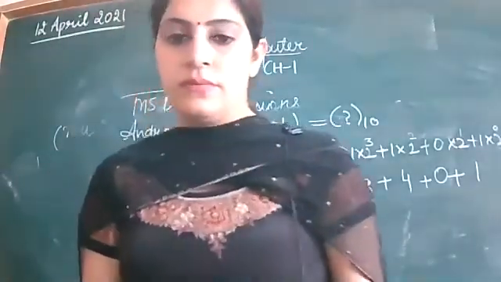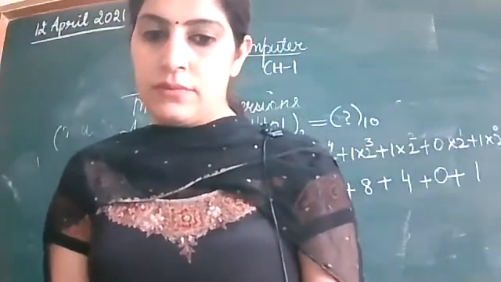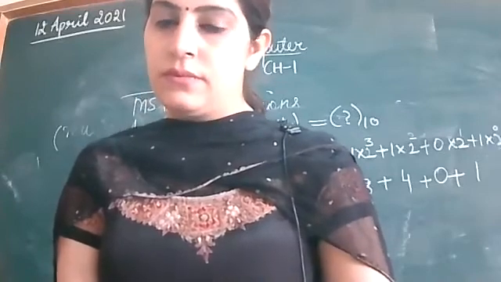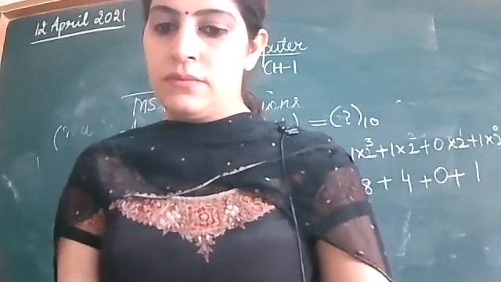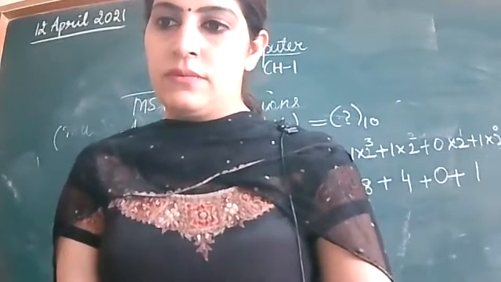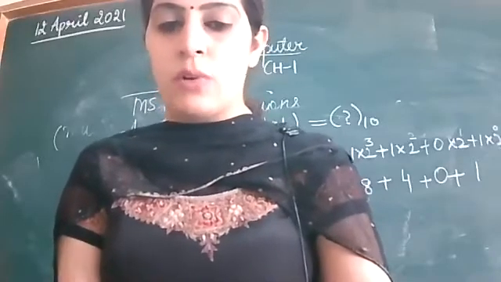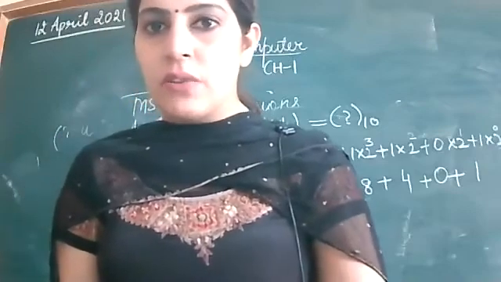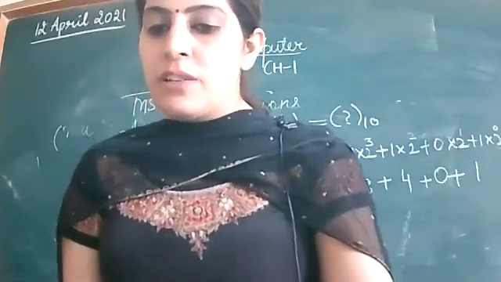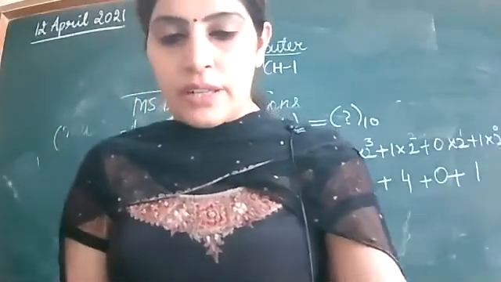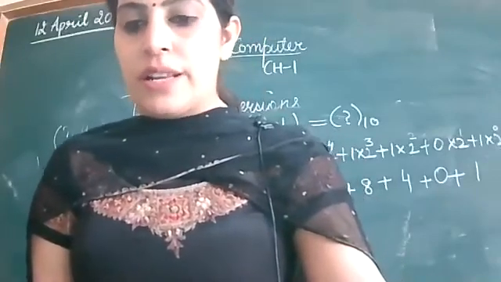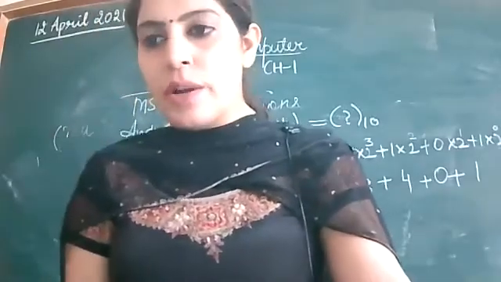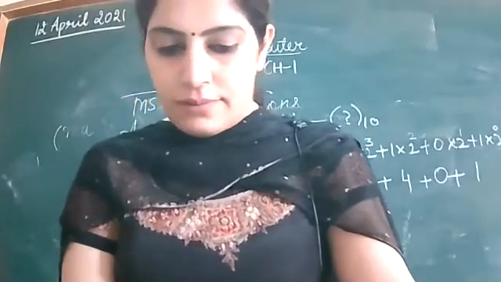The base of a number system is the numbers of the digits used in it. For example, decimal number system uses 10 digits, so its base is 10. Very good, Suchitesh. I have also given the same answer. Page number 12, no more it is given. So correct. The base of a number system is the number of the digits used in it. For example, decimal number system uses 10 digits. So that's why its base is 10.